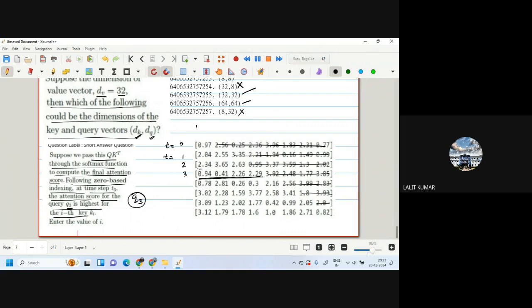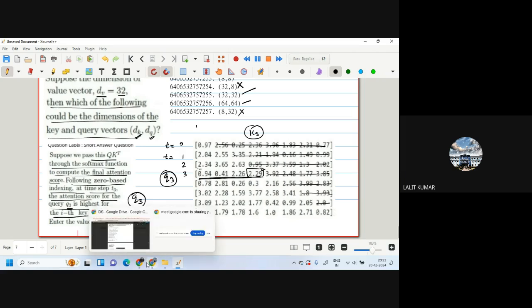The highest will be for K0, 1, 2, 3, so K3, right? Here K3 is coming. But how do we say that this is for Q3? It is the indexing.